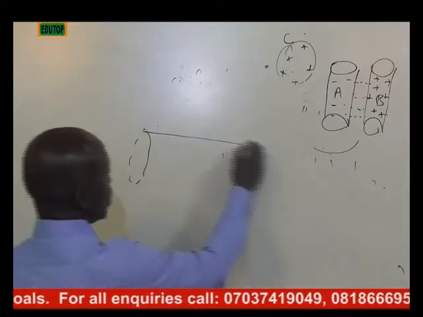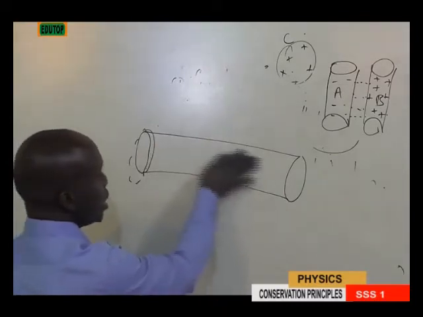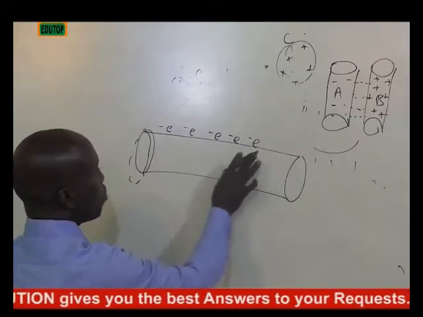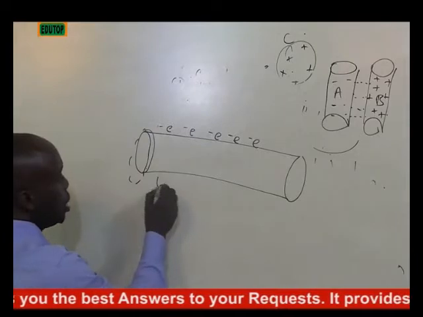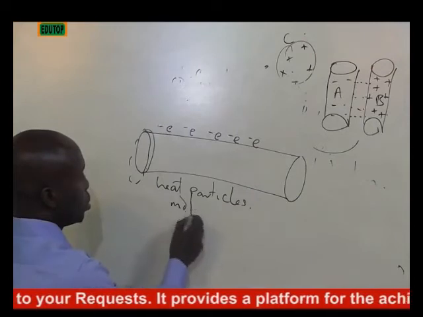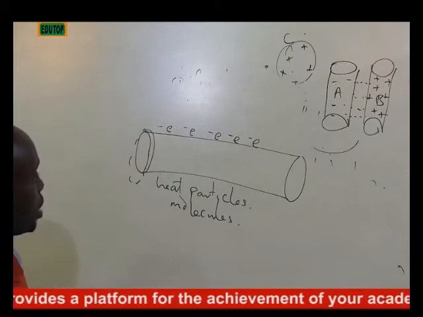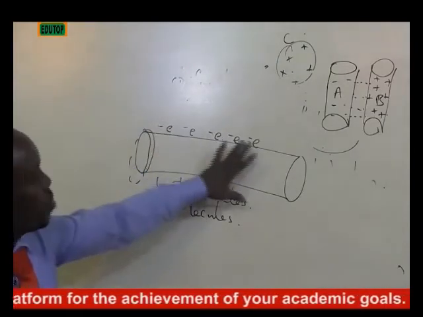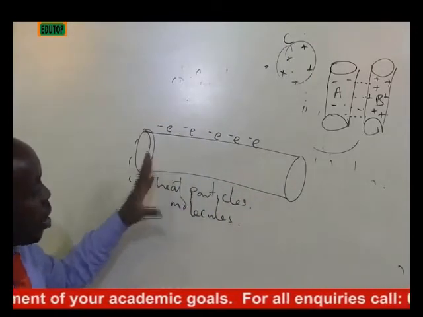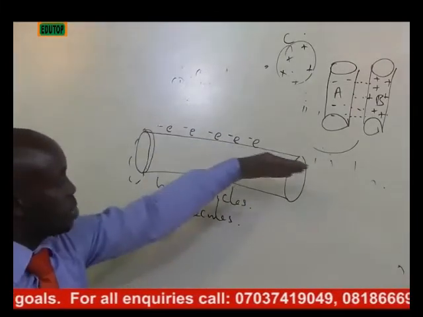When you have your object this way, this is a rod. If there is an easy flow of electrical charge or heat particles, or heat molecules, along the internal surfaces of this rod, it means that this rod is allowing the free flow of heat particles and electrical charges along this material.